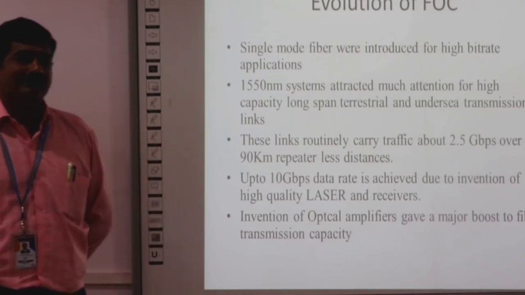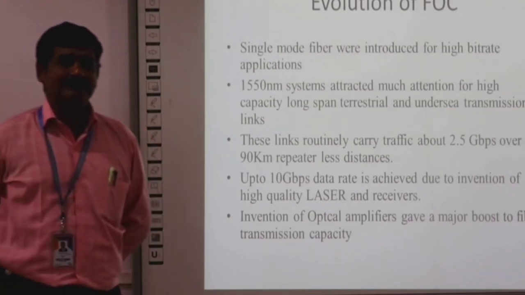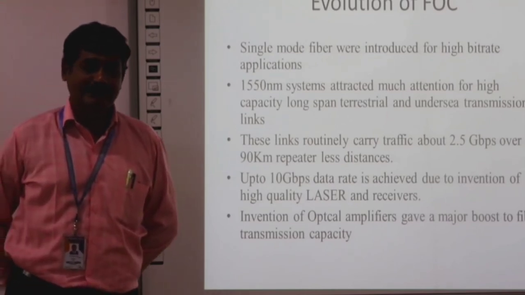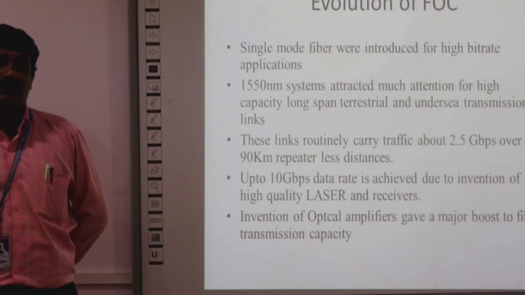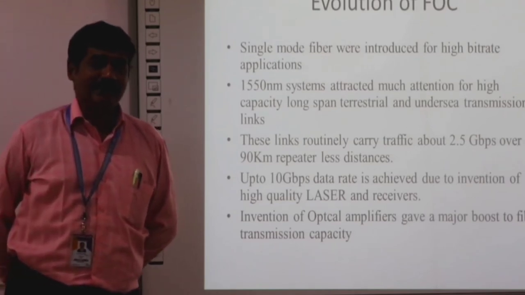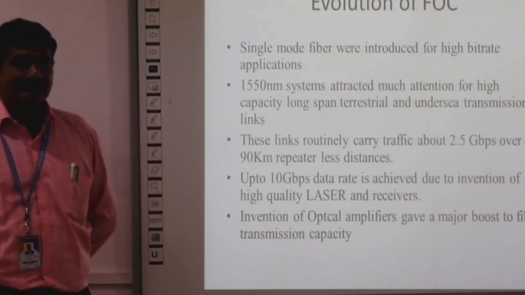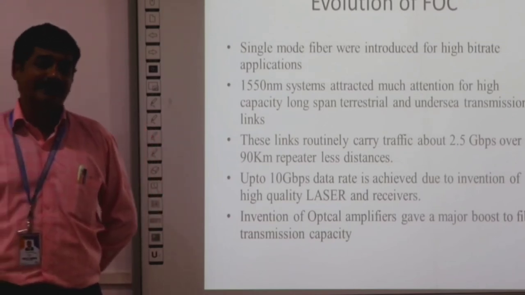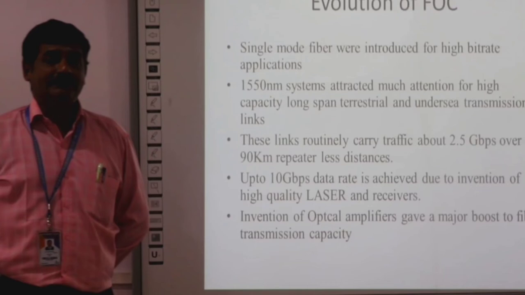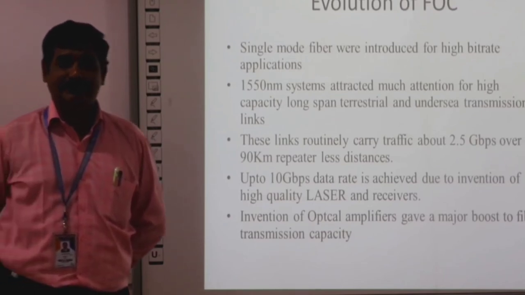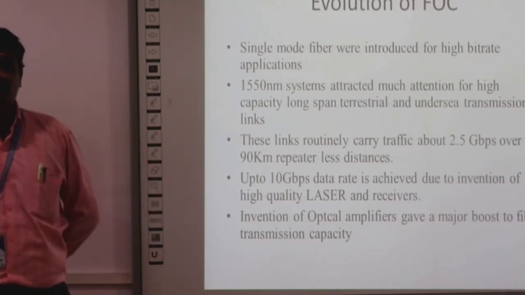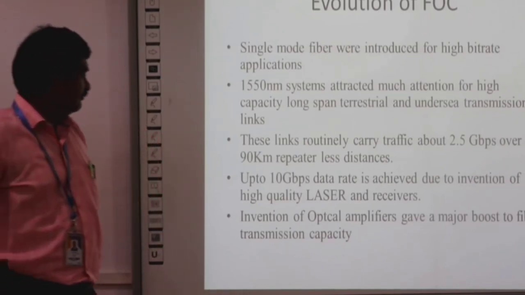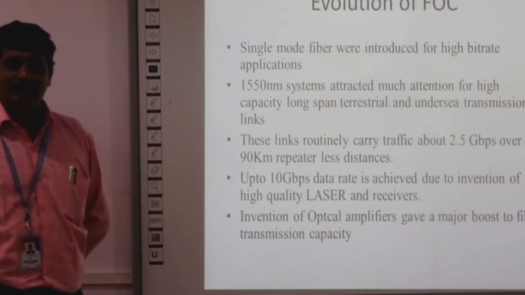Ordinary amplifiers need an electrical signal, so the light signal would again be converted into an electrical signal, then only we can obtain amplification, and then again we have to go for E to O conversion. This conversion is avoided when using optical amplifiers.